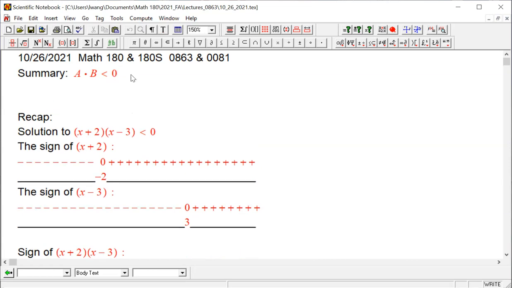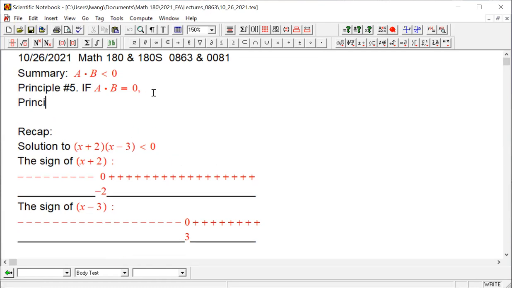Yes, so please look at principle number 5. If A times B is equal to 0, and then so on.